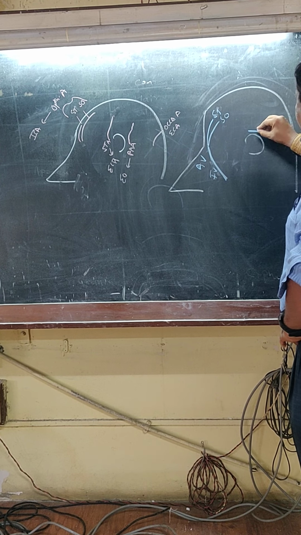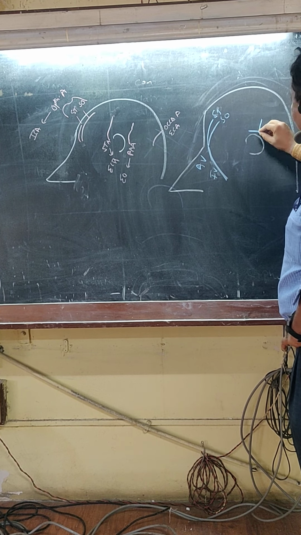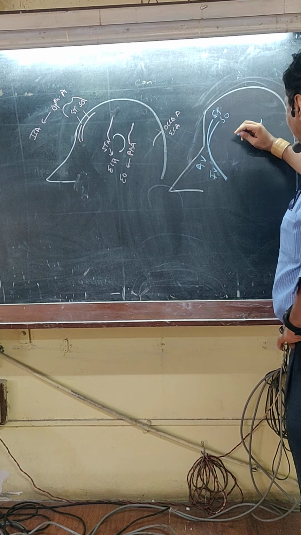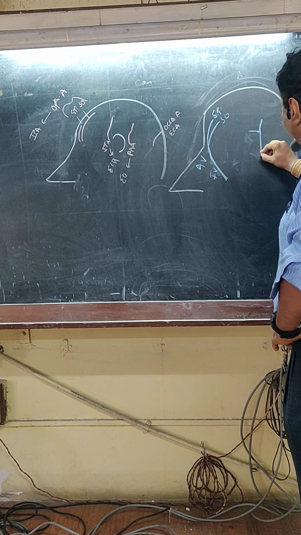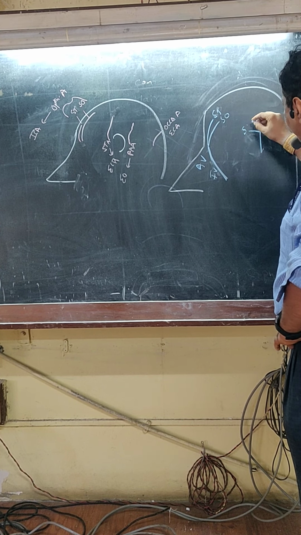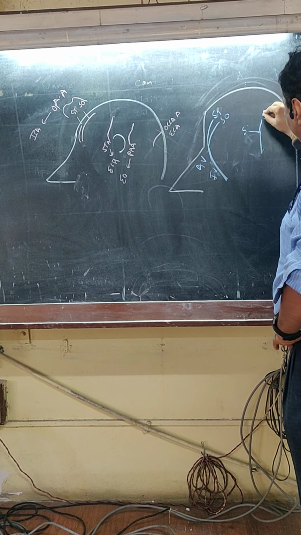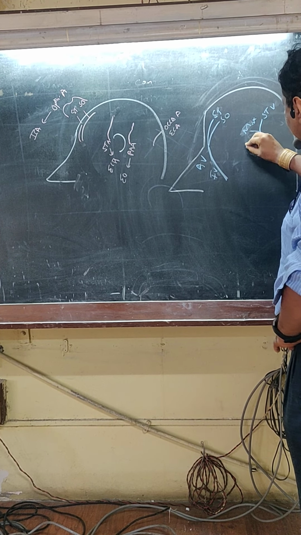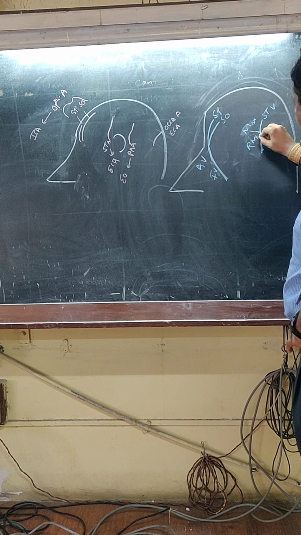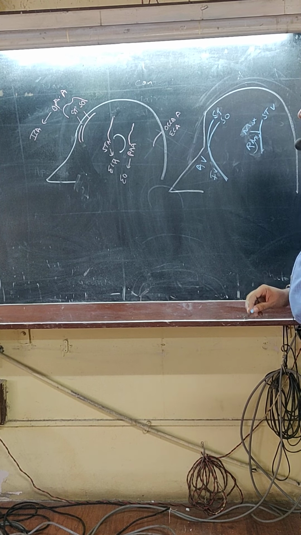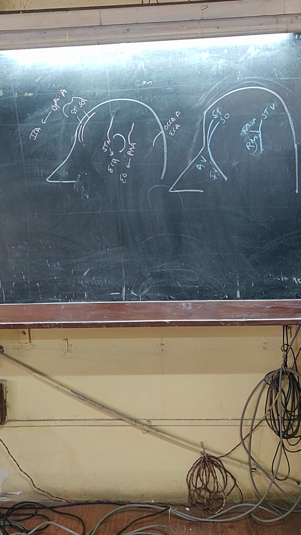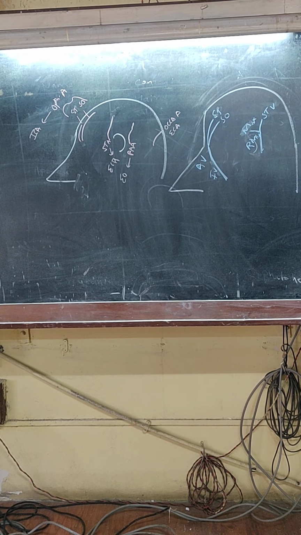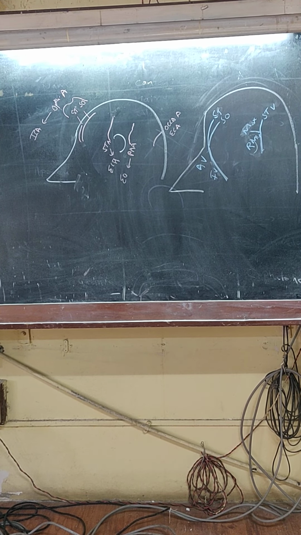The superficial temporal vein and the maxillary vein unite to form a vein called the retromandibular vein. This happens behind the ear. What is the name of the vein?